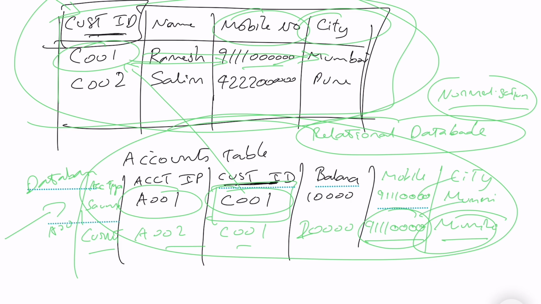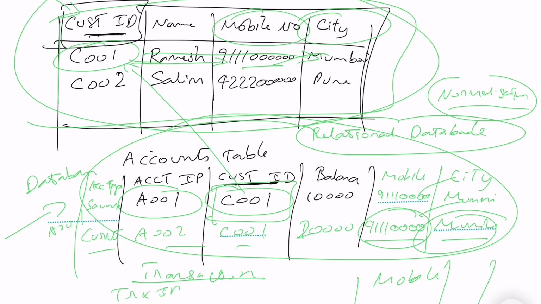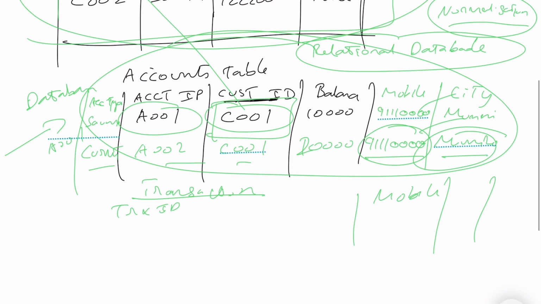Imagine if this is a transaction table where there are millions of transactions happening, and if you want to fetch the mobile number for those transactions also, if there is a change, then I need to come here and update those millions of records in a transaction table, right?